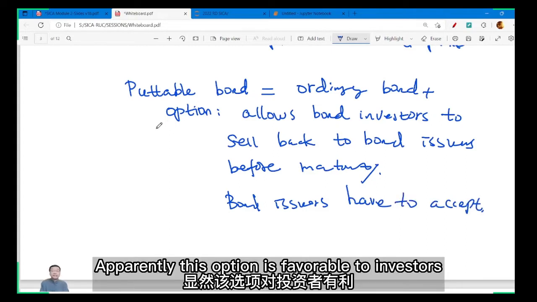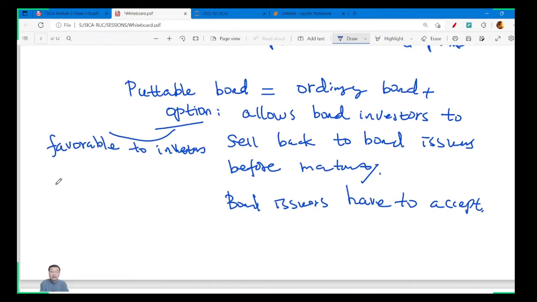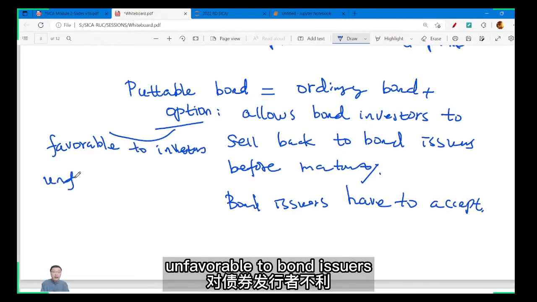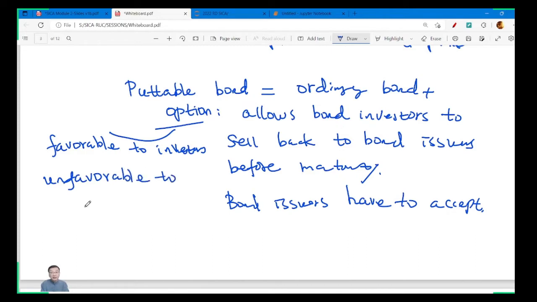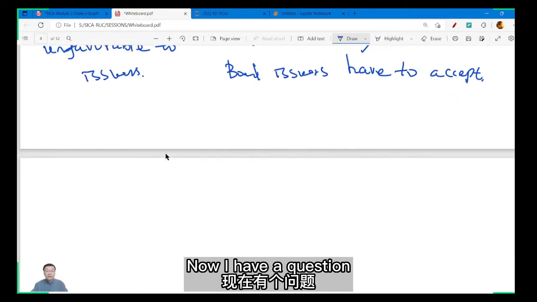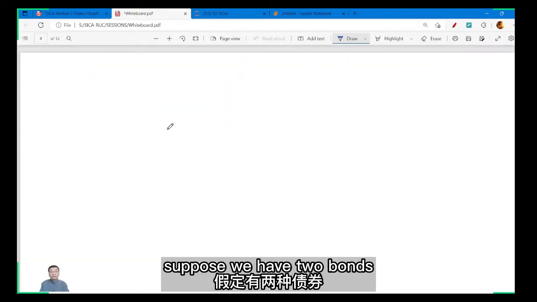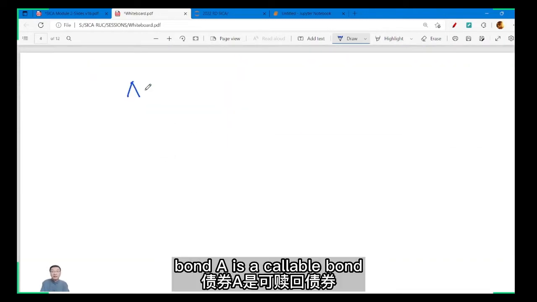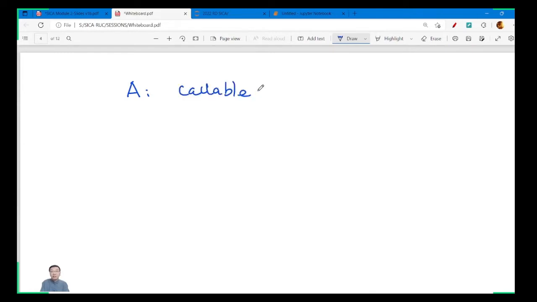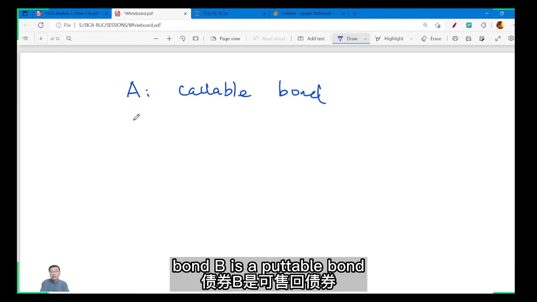Apparently, this option is favorable to investors, unfavorable to bond issuers. Now I have a question. Suppose we have two bonds. Bond A is a callable bond. Bond B is a puttable bond.